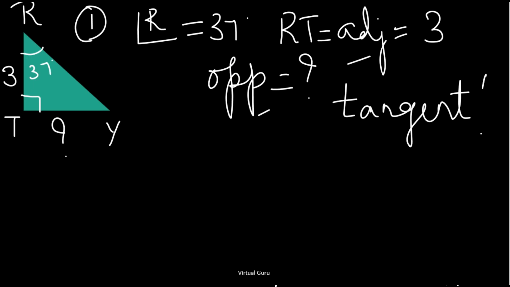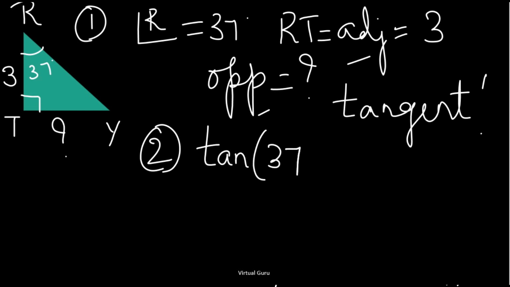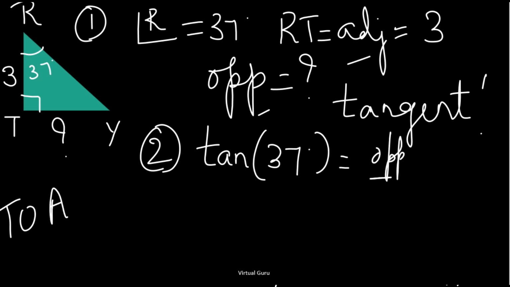Next, step 2 will be to substitute. So it will be tan 37 is equal to, remember that trick which I told you, TOA. So it will be opposite by adjacent. Opposite is what we have to find.